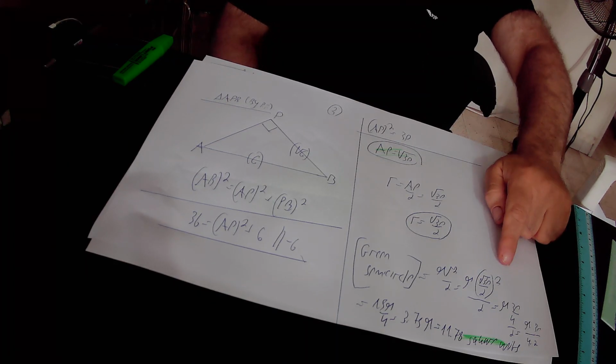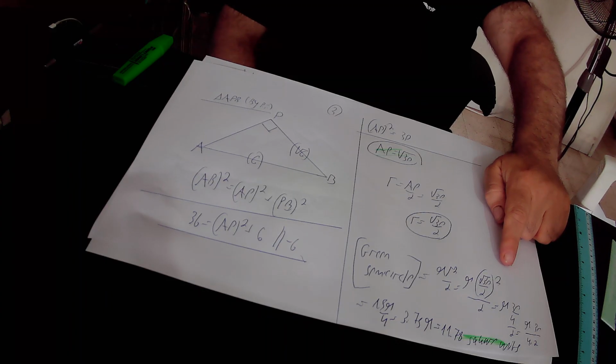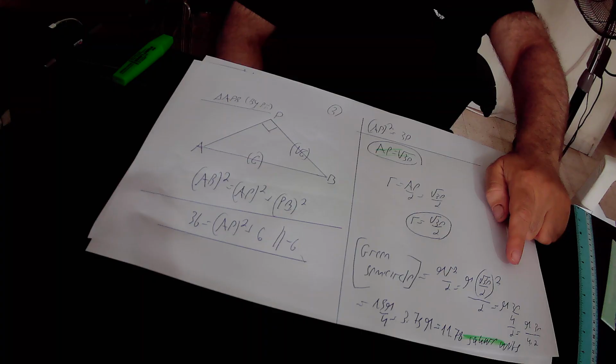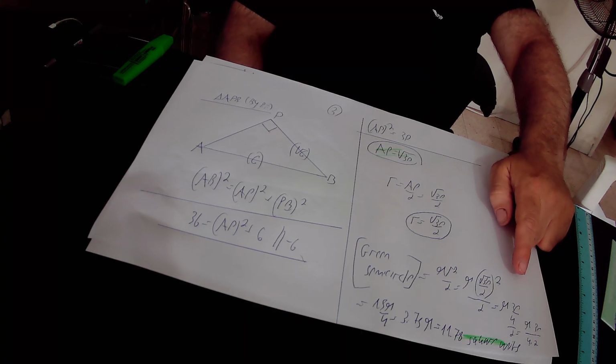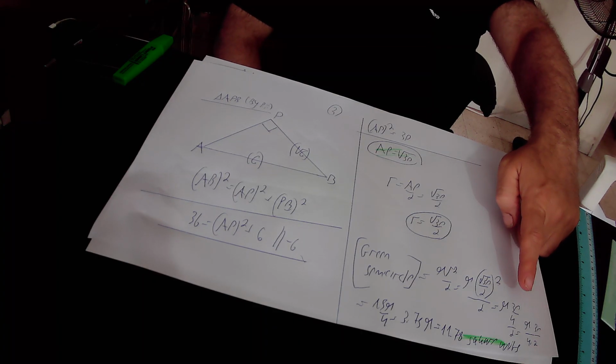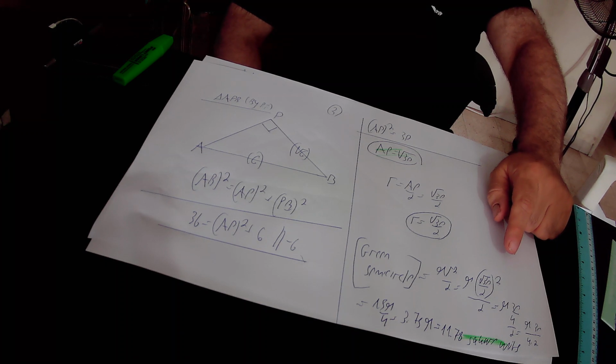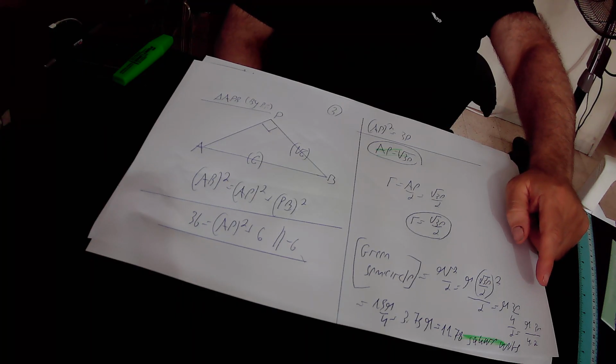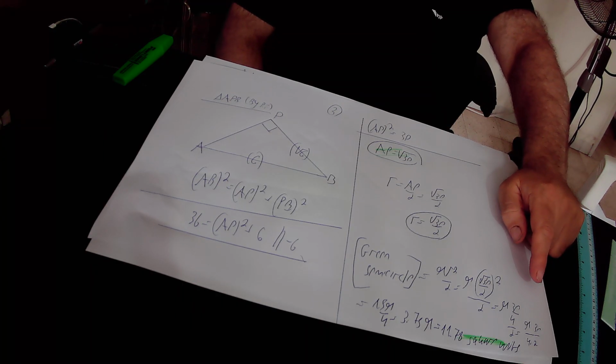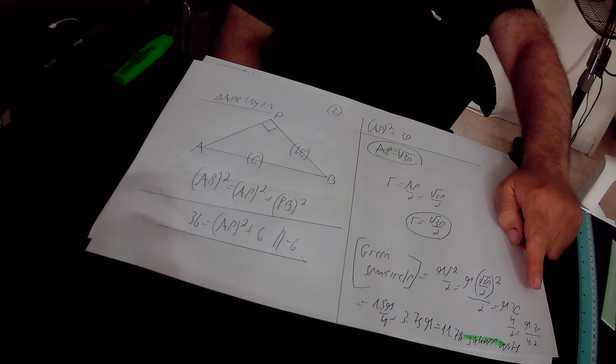We open the brackets and find that the area of the green semicircle equals pi times the square root of 30 squared, which is 30, over 2 squared, which is 4, over 2. So the area equals 30 pi over 4 times 2. 30 over 2 is 15.